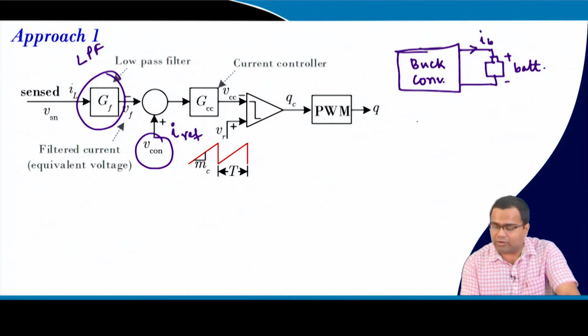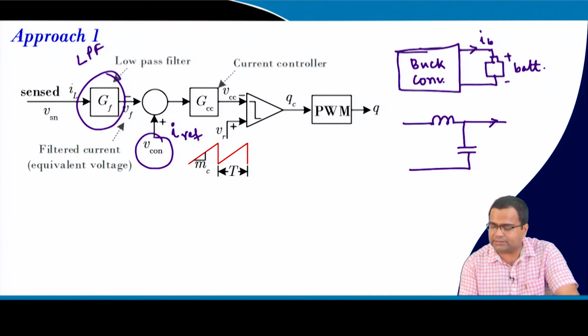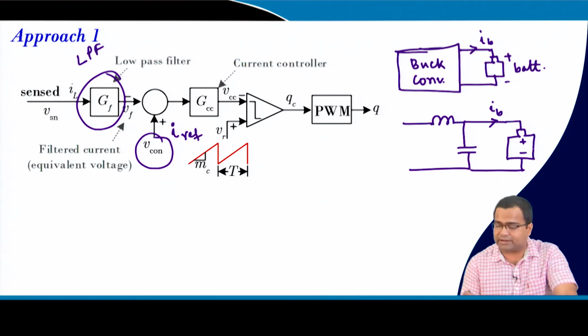So in the buck converter, you have an inductor and you also have a capacitor, and that is going to your battery. This is going to your actual battery, with the positive and negative terminals.